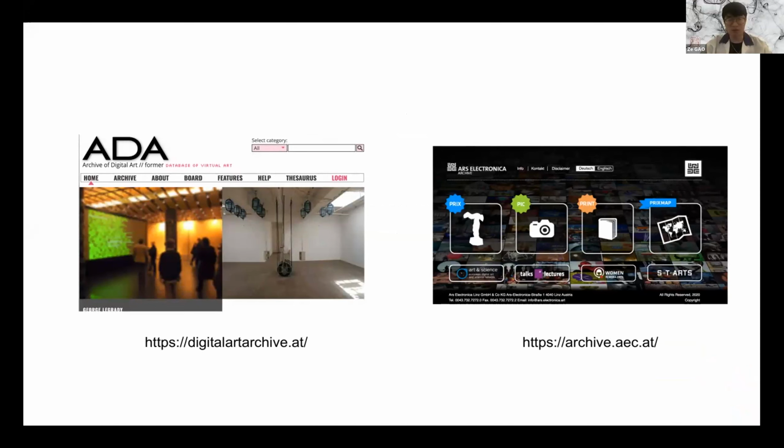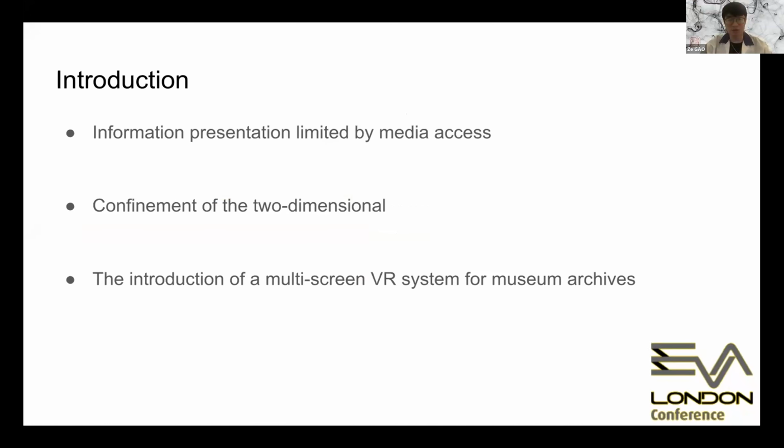So we started thinking: with a virtual reality headset, can we do information retrieval that is not limited by medium size? And also complement the two dimensions, because all of the digital artworks we see on these archive websites are two-dimensional.